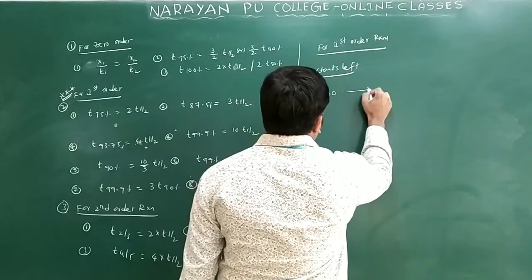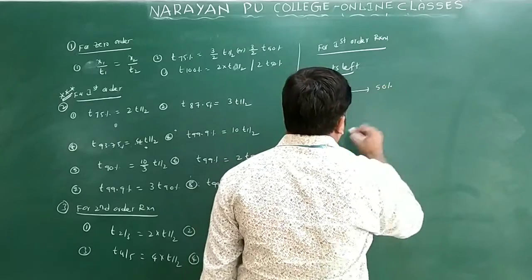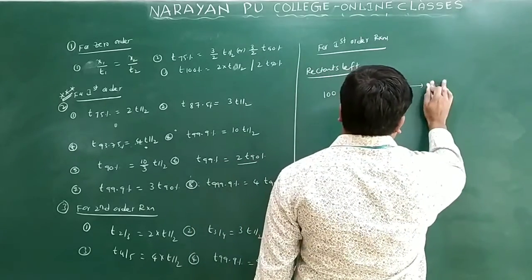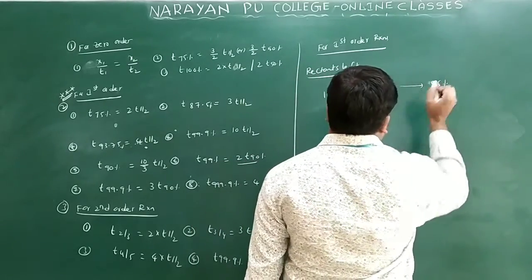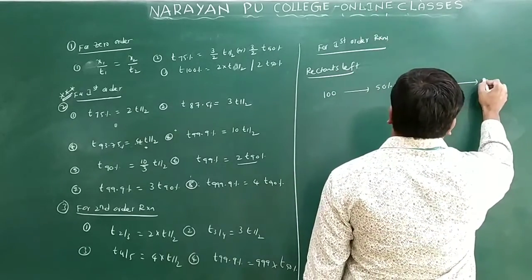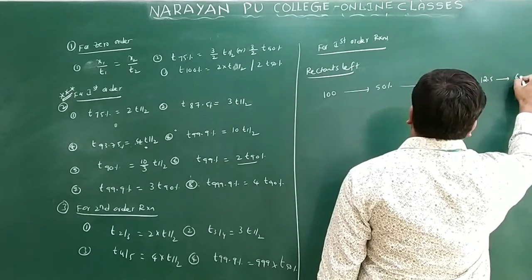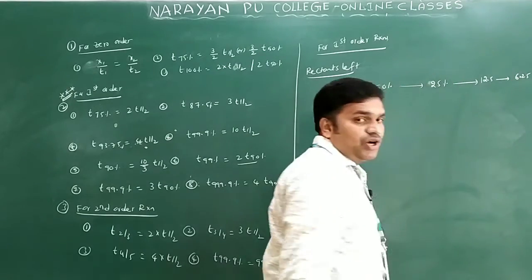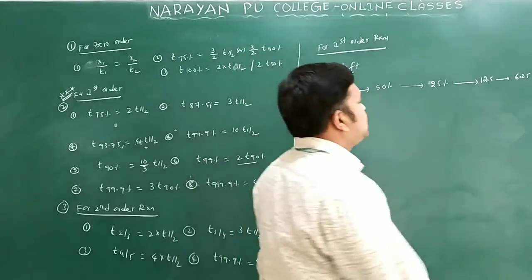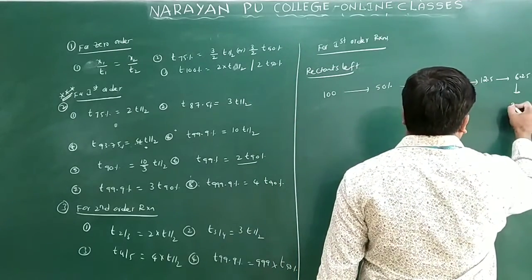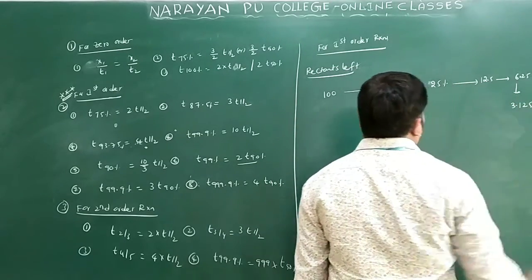So this 100% gives rise to 50%. 50% gives rise to half, which is 25%. 25% gives rise to 12.5%. 12.5% halves to 6.25, and then you will get 3.125, like this.